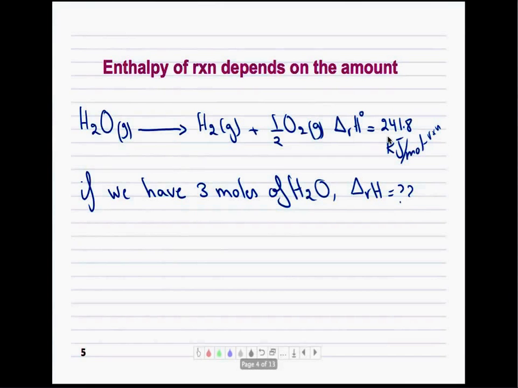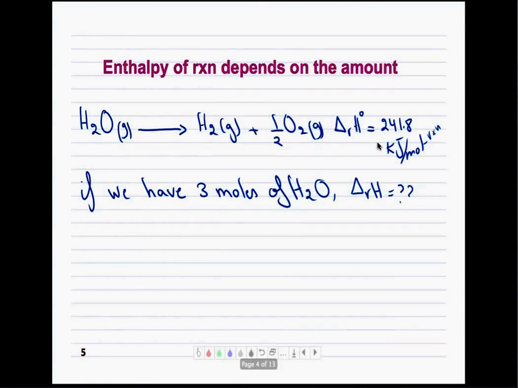If I want to decompose 1 mole of water, do I need the same amount of energy to decompose 3 moles? Yes or no? No. Everybody agree? No, that's not right. It should depend. So everybody in the class is sure that the heat depends on the amount.